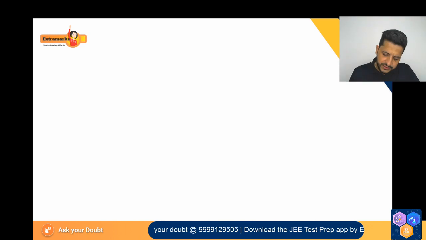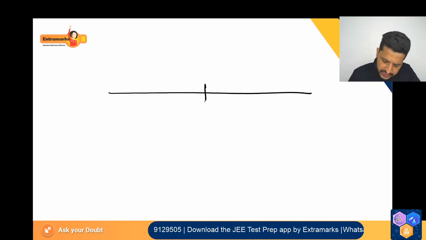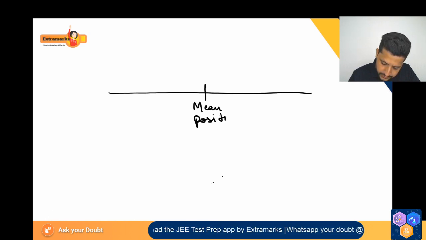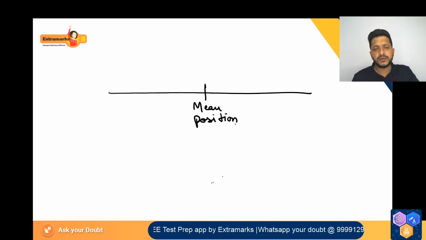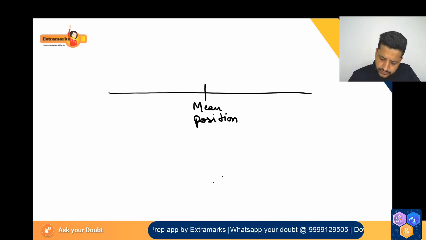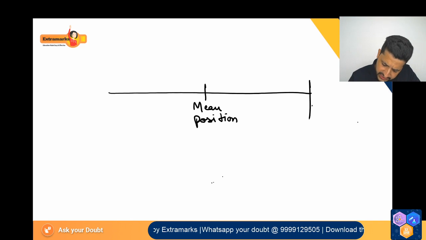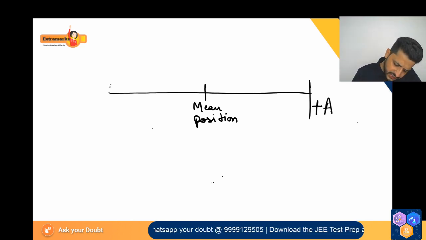So in this discussion, what we have seen, this is our mean position. Fine. This is, say, one of the extremes. I will call it plus a. This is the symmetrical extreme on the other side.